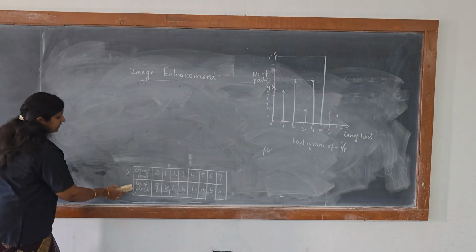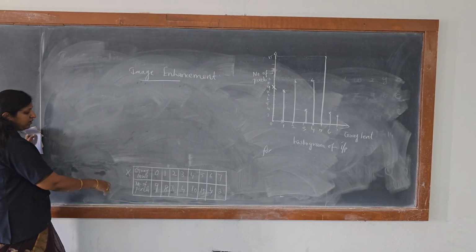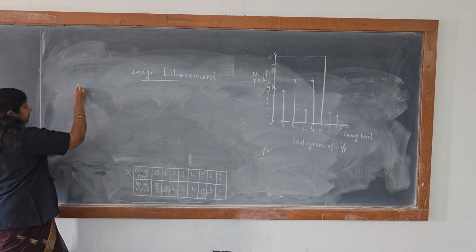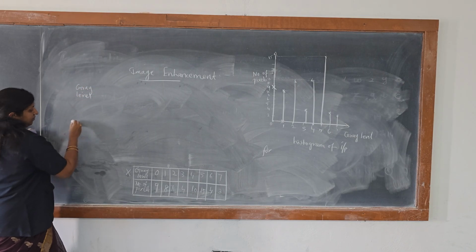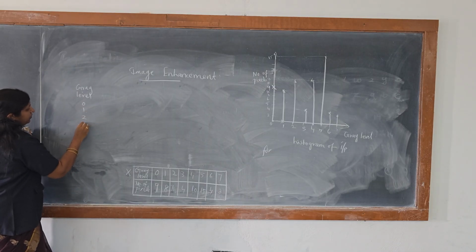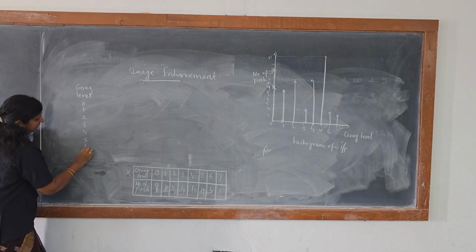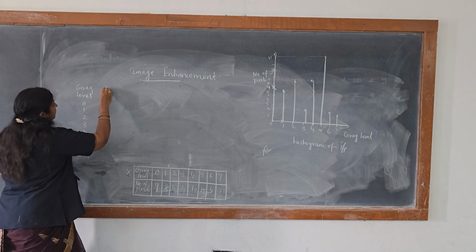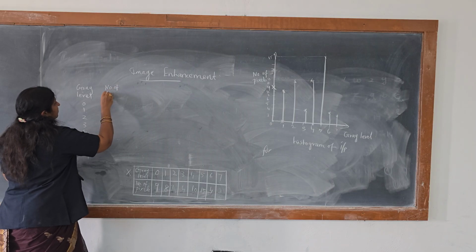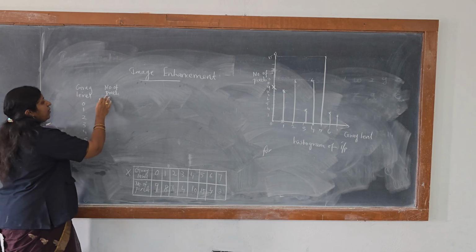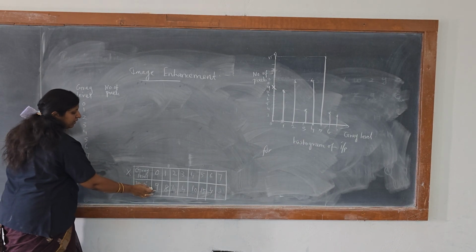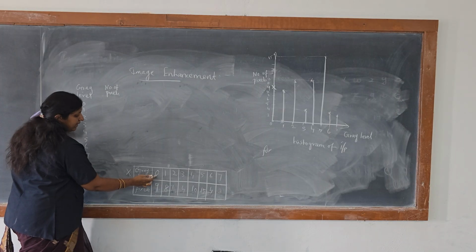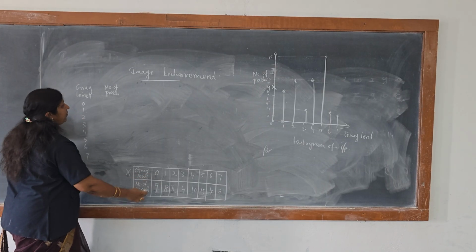Okay. So first write the gray level and number of pixels in the table. Gray levels 0, 1, 2, 3, 4, 5, 6 and 7, and the number of pixels. The number of pixels is the number of occurrences of this intensity value in the given input matrix.